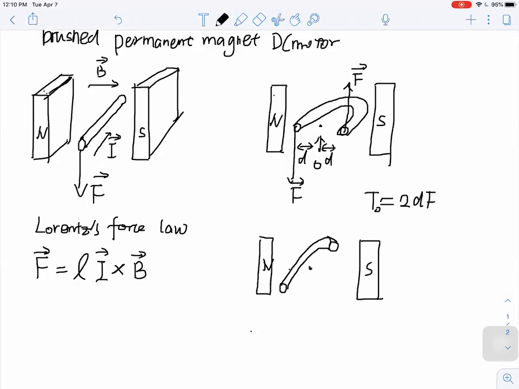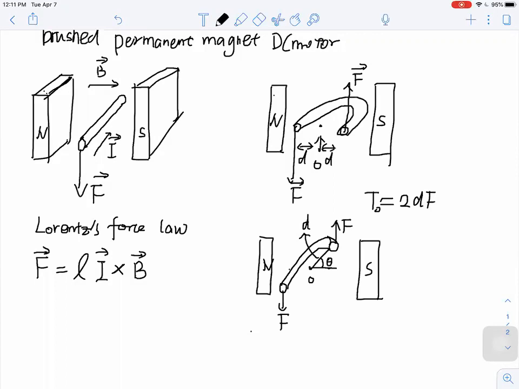Our center point O is still there. However, now we have an angle, let's call that angle theta. Right now, we still have two couple forces. We know the angle and the distance d. Now this side here gives us distance d, since the distance from the center to where the metal wire is doesn't change.